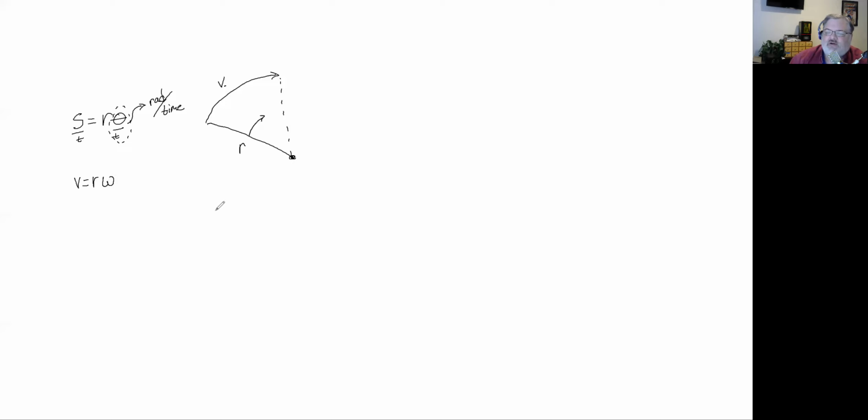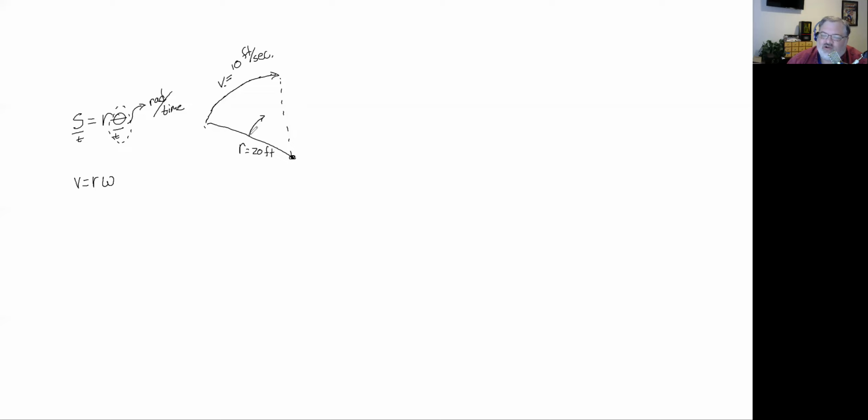So for example, if something is moving here at a nice linear speed of, say, 10 feet per second, that's fairly quick, actually. If you're riding a bicycle, 10 feet per second is pretty reasonable, pretty even pace. So you're going 10 feet per second along this curve, and let's say this radius is 20 feet.